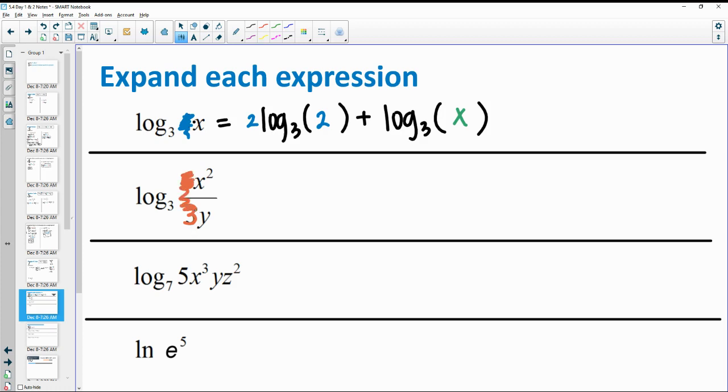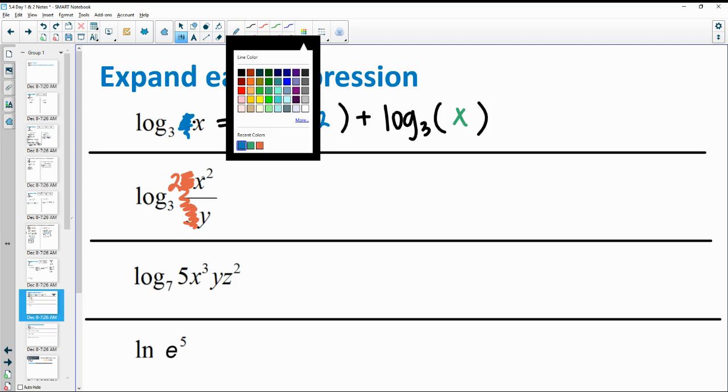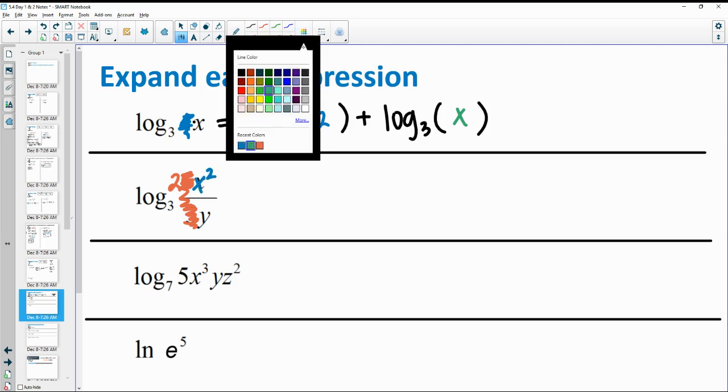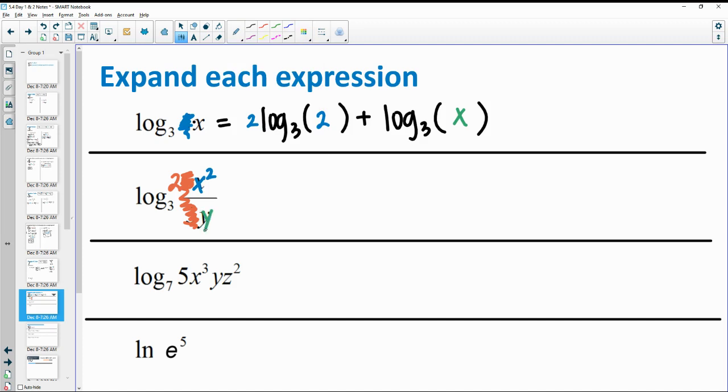So I would want to do that first and just simplify that to a 2 on top. Because that will make your calculations simpler down the road, because otherwise you're going to have to simplify after you expand these logs. So then you'll notice that we've got that 2 times x squared on top, and now we just have the y on bottom.